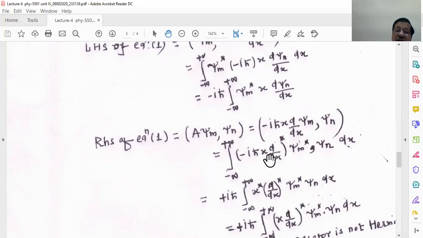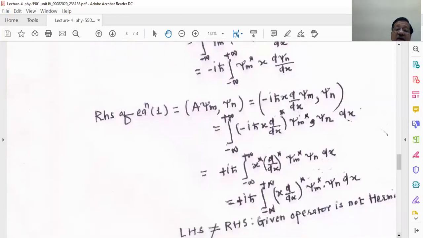So this factor is x d by dx raised to star, that is, the complex conjugate of x d by dx. Then you can see psi star psi, and this is integrated with respect to x. So now you see the terms which we have obtained.